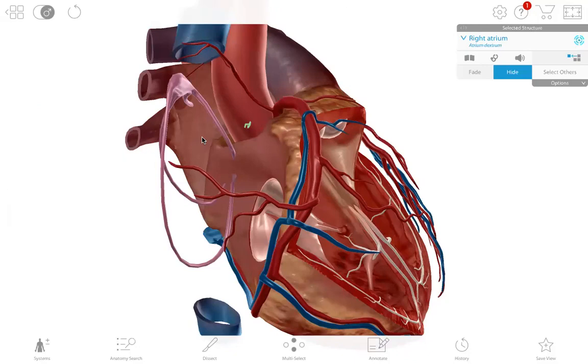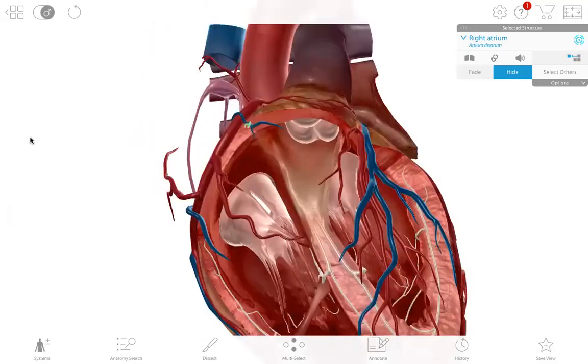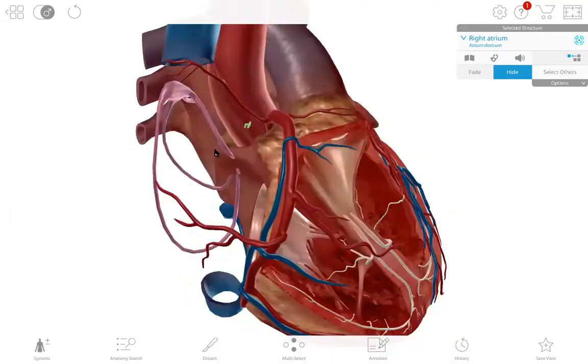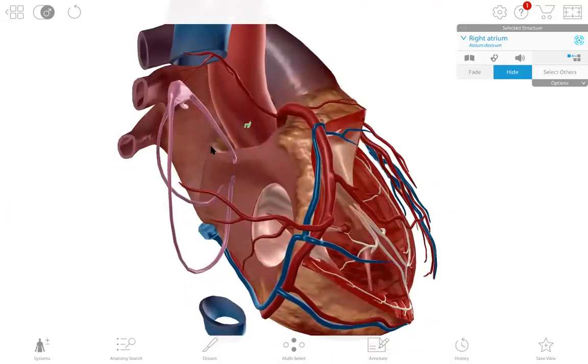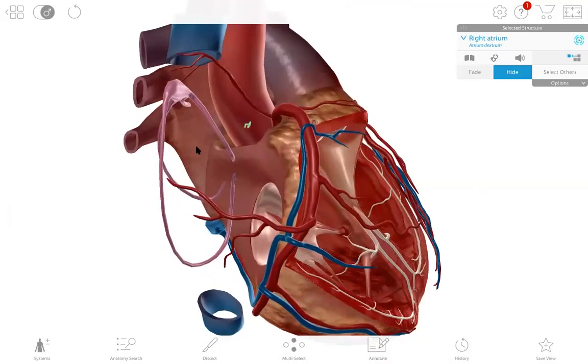The severity of this congenital anomaly depends on the degree of the opening. So ASD is a defect in the fossa ovale. Exactly opposite it in the left atrium is the fossa lunata.